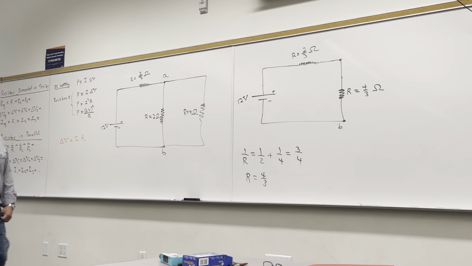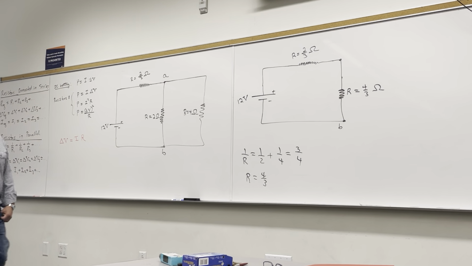And what am I missing? If I know the voltage and the resistance, I'm missing the current, right? And that would be the voltage divided by the resistance. So that's 12 volts divided by 2. So that's going to be 6 amps.